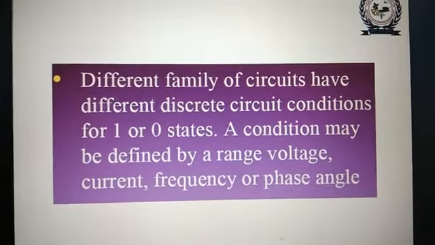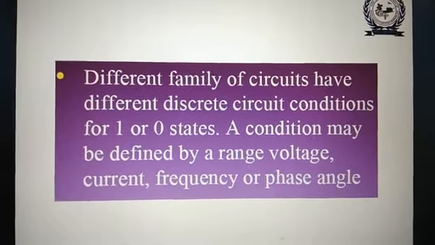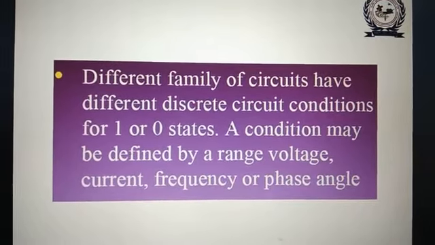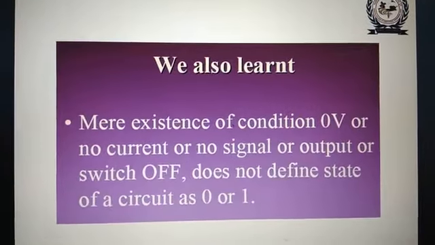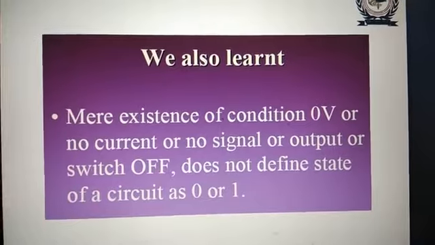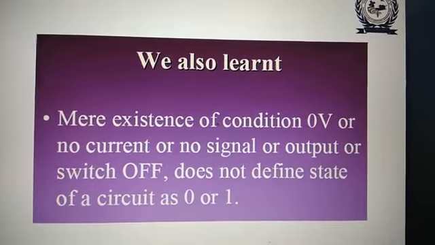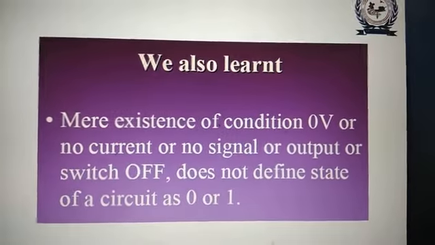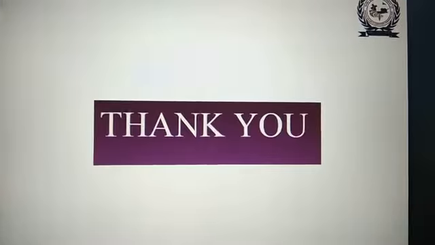Then different families of circuits have different discrete circuit conditions. For 1 and 0 states, a condition may be defined by a range of voltages, current, frequency and phase angle. And we also learned that mere existence of condition 0 volt or no current or no signal or output switch off does not define the state of the circuit as 0 or 1.